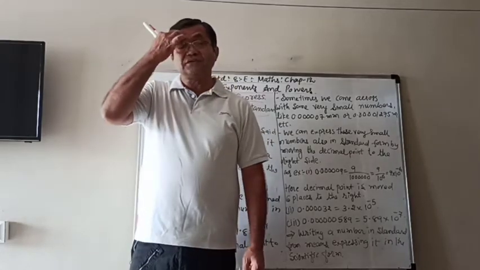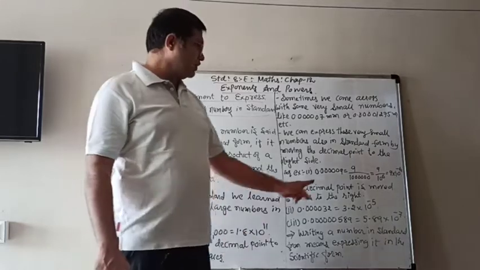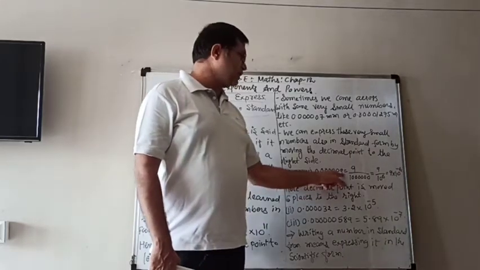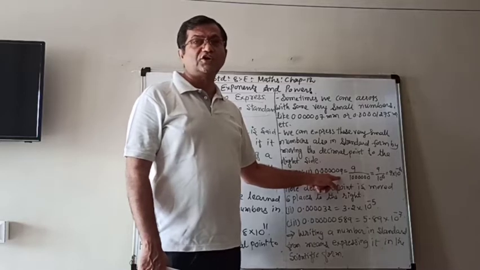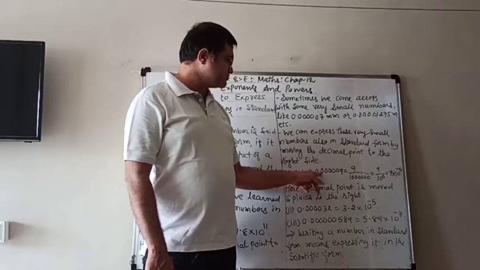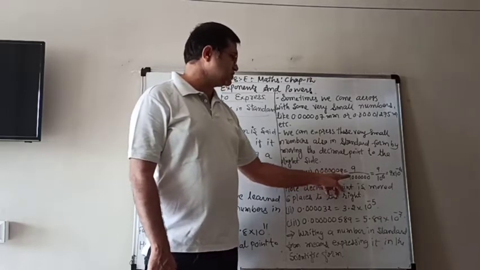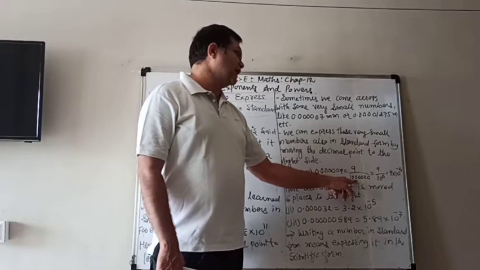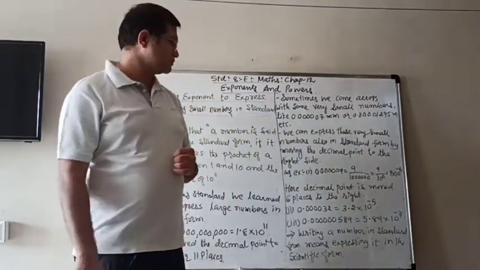Let us understand according to the decimal numbers. We know that if you want to convert it into a simple fraction, then what do we do? We write down 9 and check after the point how many digits there are. So 1, 2, 3, 4, 5, 6 digits. So on the 1, you should place 6 zeros.